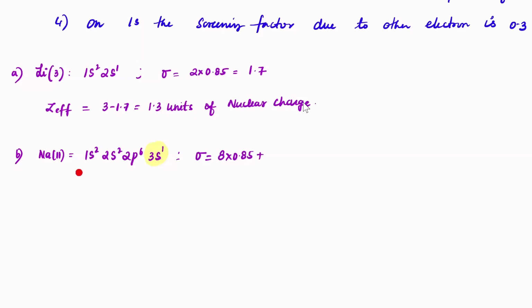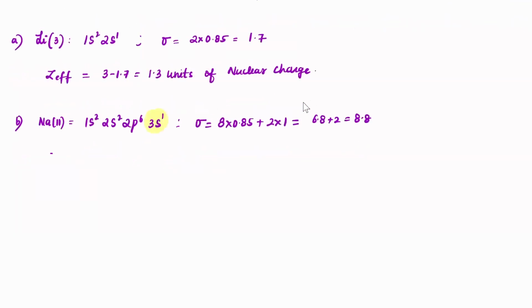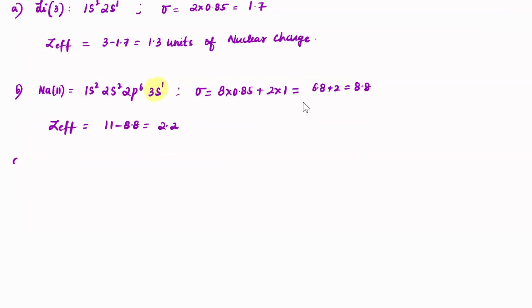And these two are n minus 2 orbit electrons, so they contribute 1 unit each. So 8 into 0.85 plus 2, which is 6.8 plus 2, which is 8.8. So the Z effective value for sodium is 11 minus 8.8, which is 2.2.